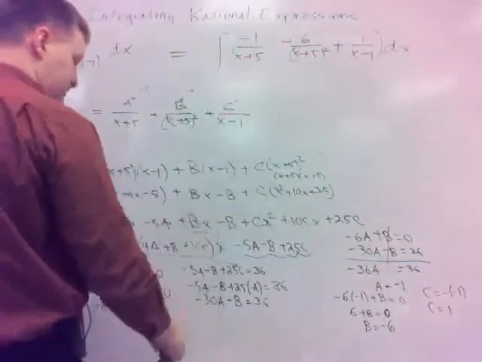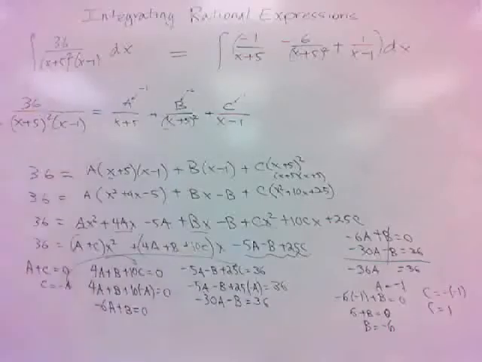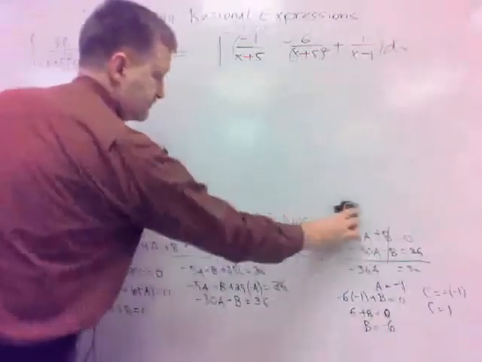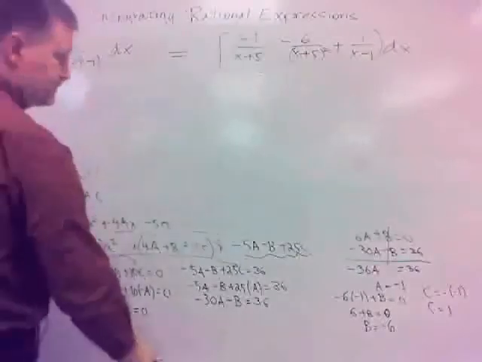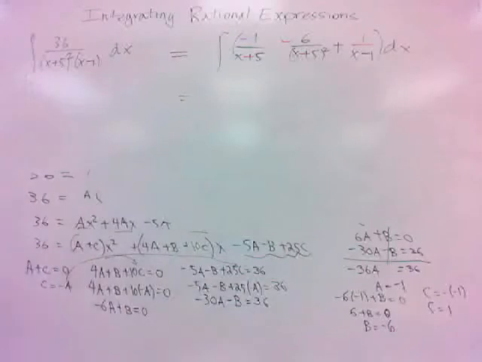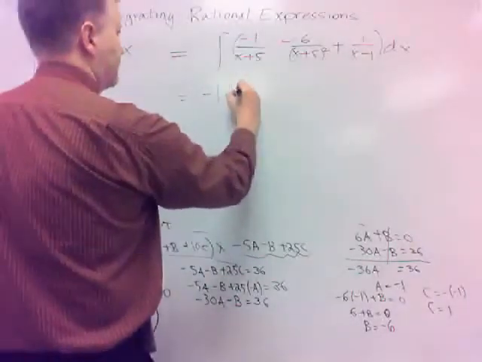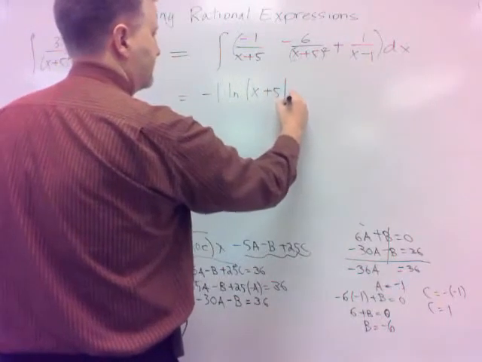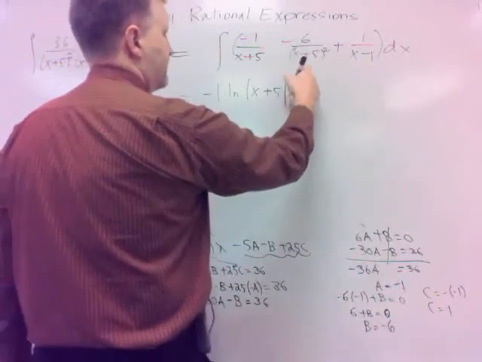Well, I think we can handle all of those right there, can't we? We've done those before. This one, what's the first one? Natural log. Minus 1, natural log, absolute value of x plus 5.